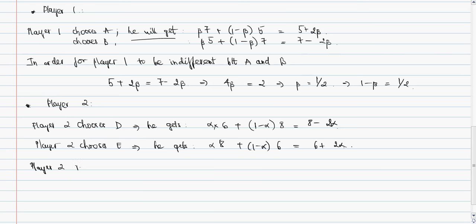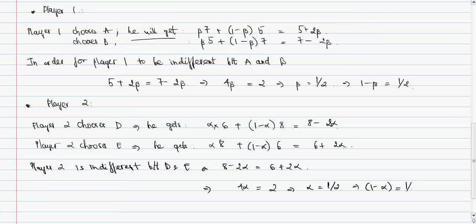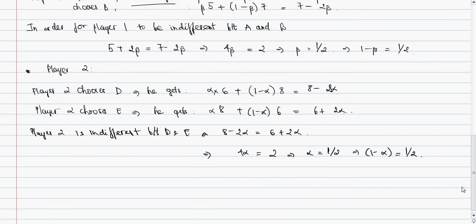So player 2 will be indifferent between D and E only when the payoff by choosing D is equal to the payoff by choosing E. Rearranging this, you will get 4 alpha equal to 2, and therefore alpha equal to a half, and therefore 1 minus alpha will be equal to a half. So that basically means half of the chance player 1 will be playing A, and half of the chance player 1 will be playing B.